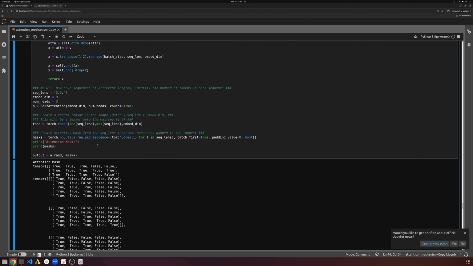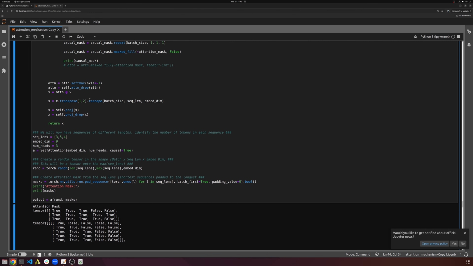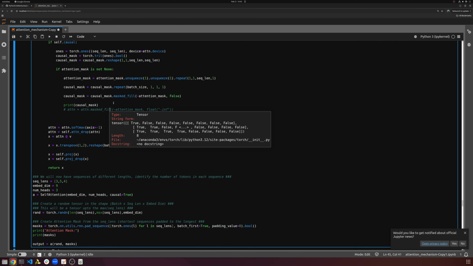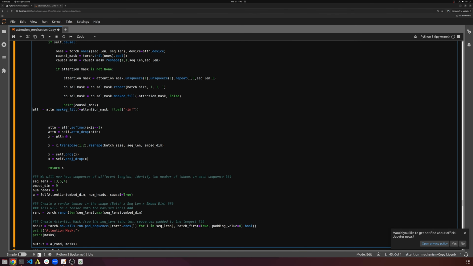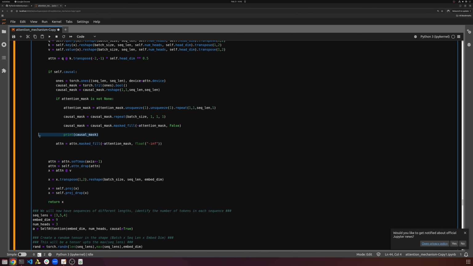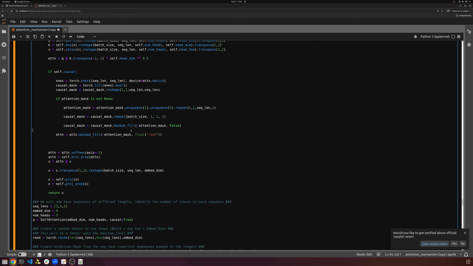And so now that we have all of this set up, this creates our causal mask. And we can just go ahead and do attention is equal to attention dot masked fill, and then we will have a causal mask.